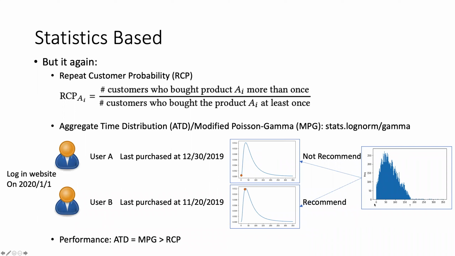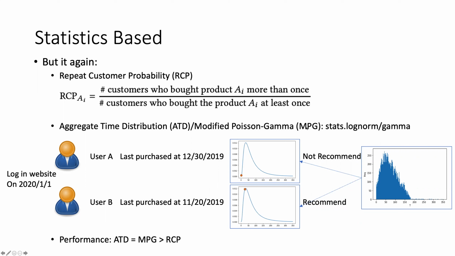That means for different users, this distribution can be varied. So this modified Pareto gamma distribution fits a gamma distribution, and then modifies the distribution based on each user's purchase history. In that case, we somehow customize the distribution for each user.